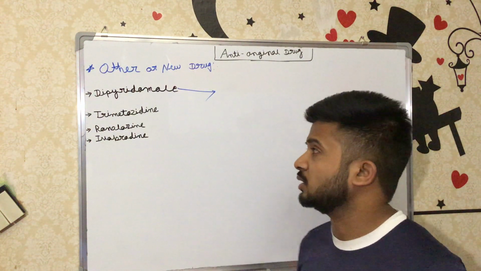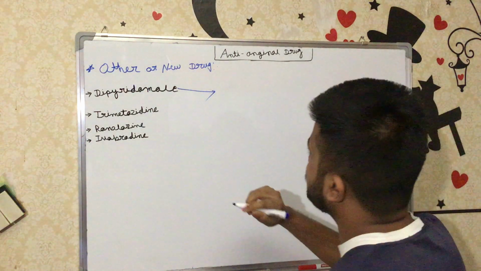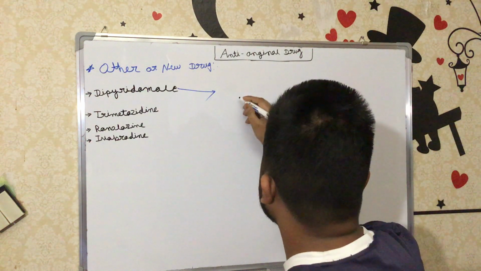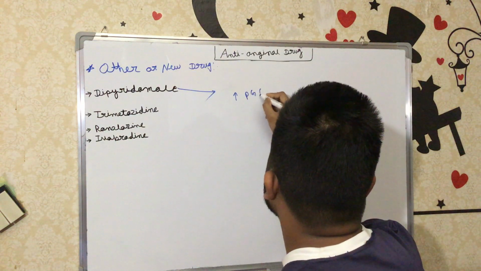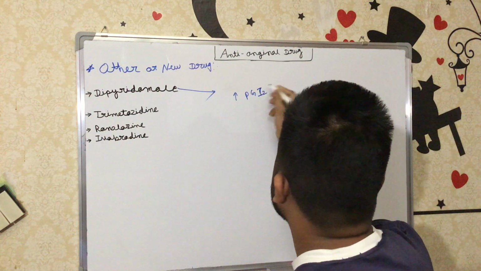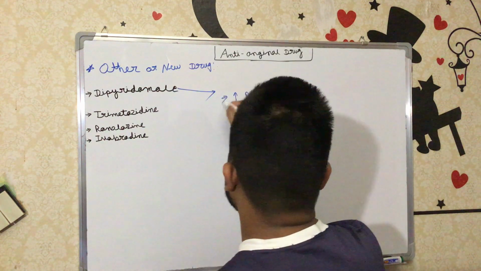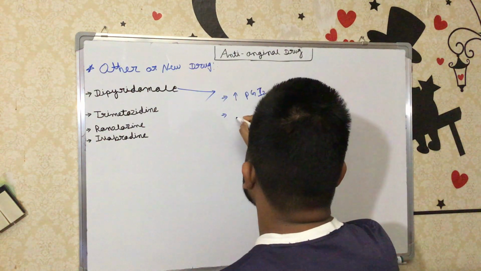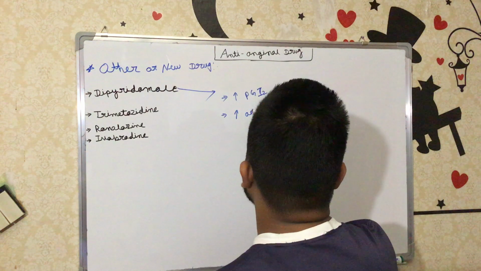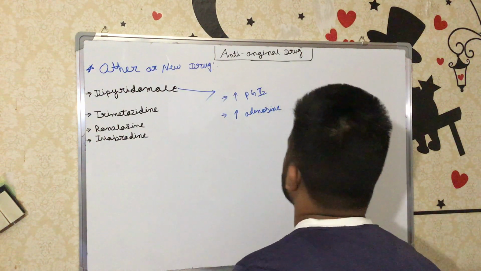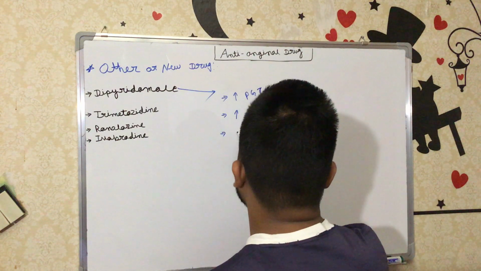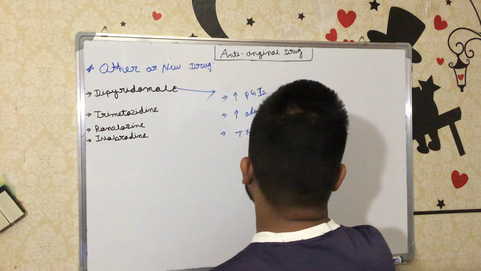Why? Let's discuss. First of all, it increases prostaglandin I2. That is the first effect. Second, it also increases adenosine. Then it decreases thromboxane A2.